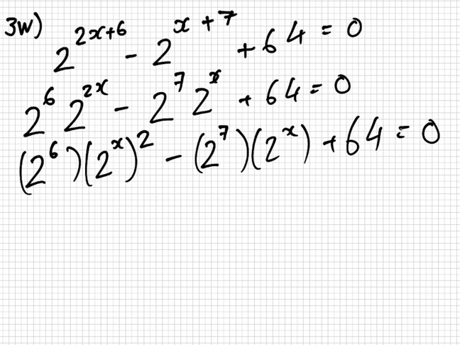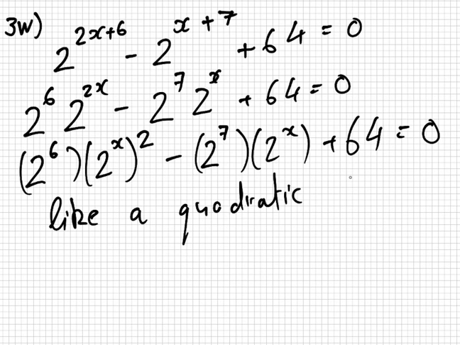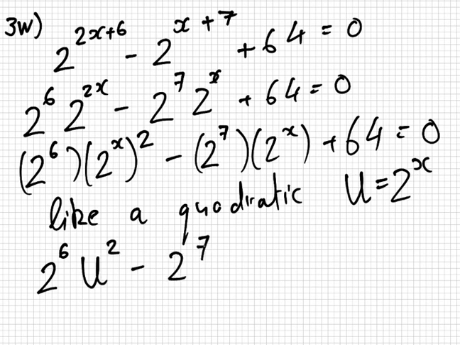And if you look at this, this is like a quadratic. And you can see it's exactly a quadratic if you were to replace 2 power x with u. So you'd get 2 power 6 u squared minus 2 power 7 u plus 64 equals 0. So you can see it is a quadratic.